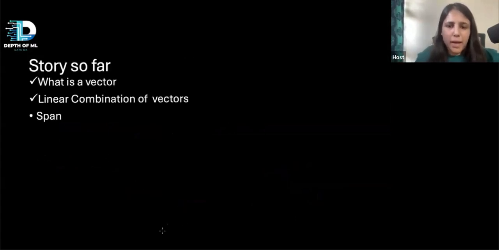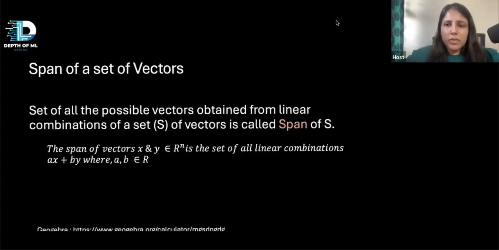Now we define span after this. When we define span, we define it to be the set of all possible linear combinations of a set of vectors.